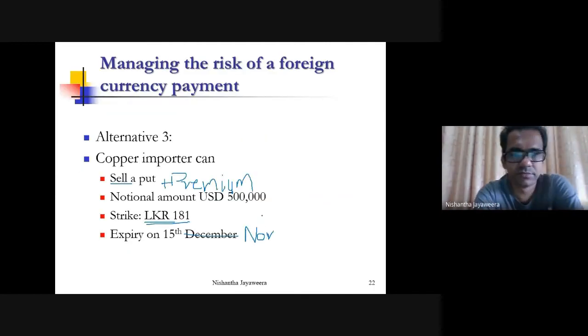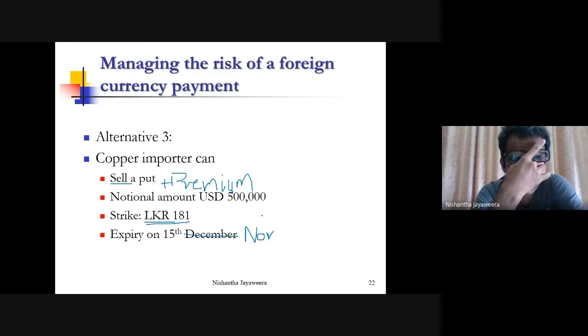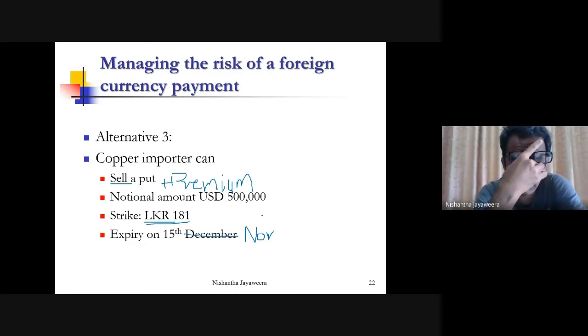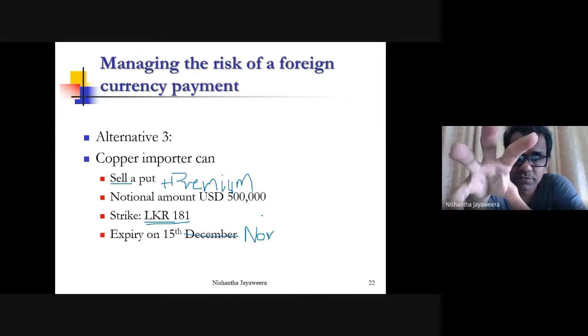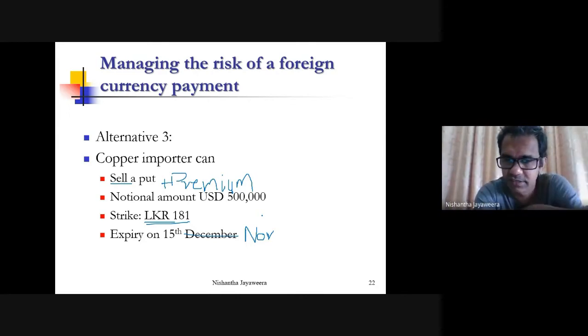So these are the basics to hedge your transaction exposures. Remember, in all those things, other than in futures, what we do, these are foreign exchange risk, market risk basically.